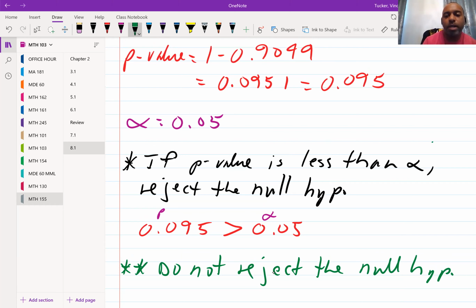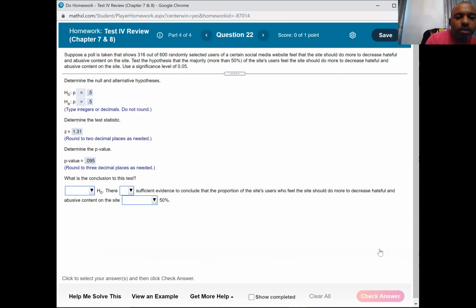Any questions before we go back to the problem? All right, so far so good. Let's make sure we got all of it straight. So what is the conclusion of the test? Do not reject the null hypothesis.